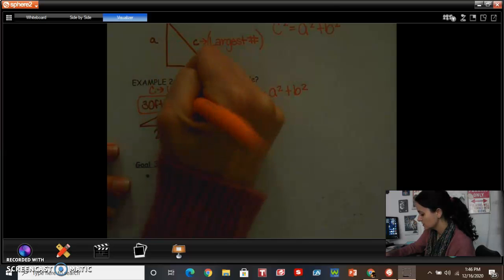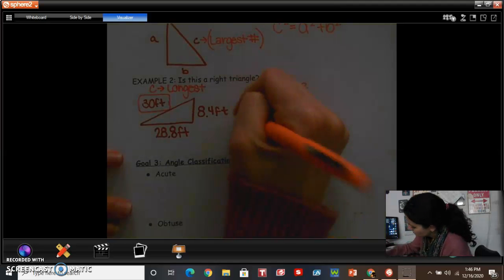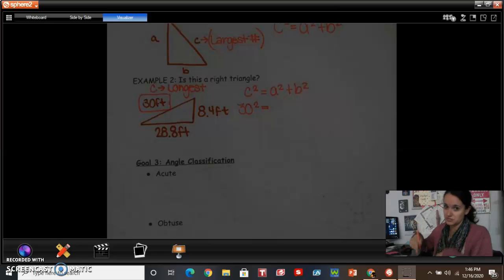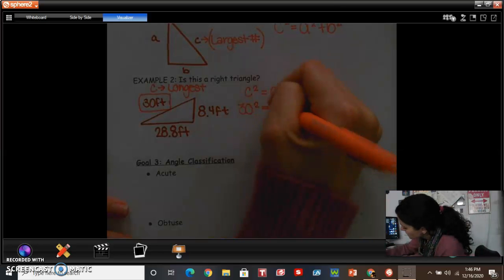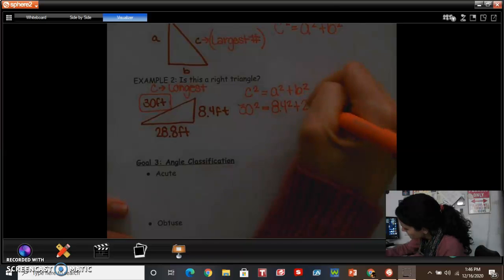So we can say 30 squared equals, and just like before, whatever we plug in for A and B doesn't matter, just take the other two sides and put them in the equation. So we've got 8.4 squared plus 28.8 squared.